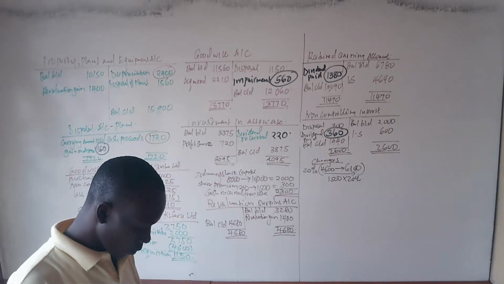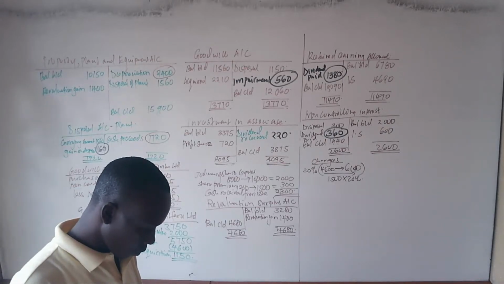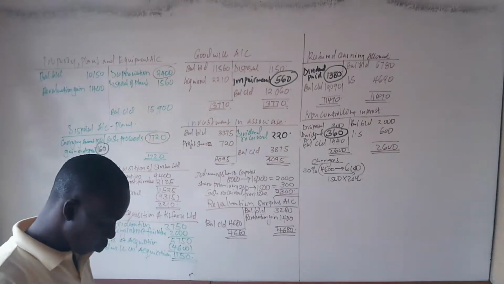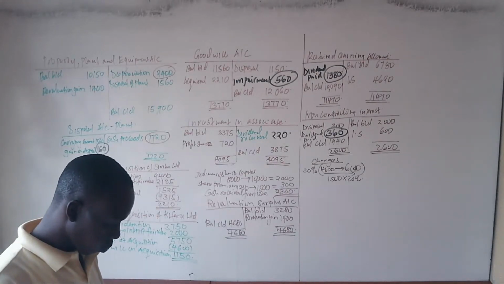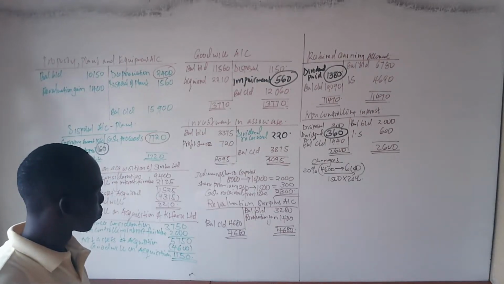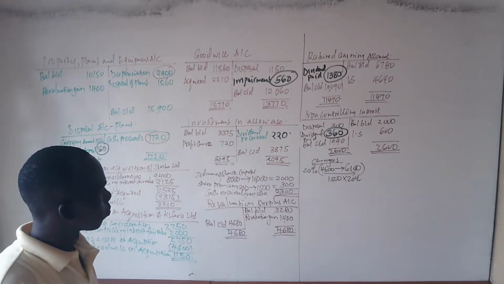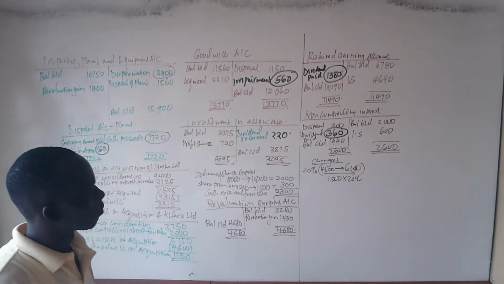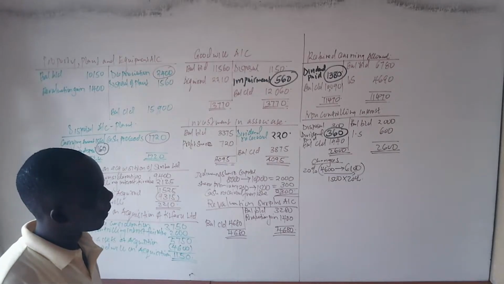The total is 6,100, because that is our balance brought down.